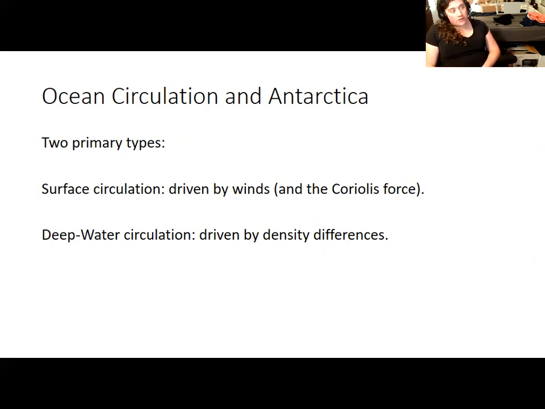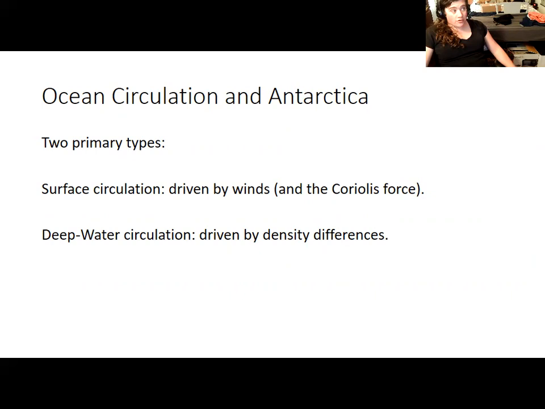Water also circulates from the top of the ocean to the bottom through the different layers of what you would call the water column. And that is actually much, much slower over the course of years or hundreds of years or even thousands of years, as opposed to the much more rapid wind-driven surface movement.